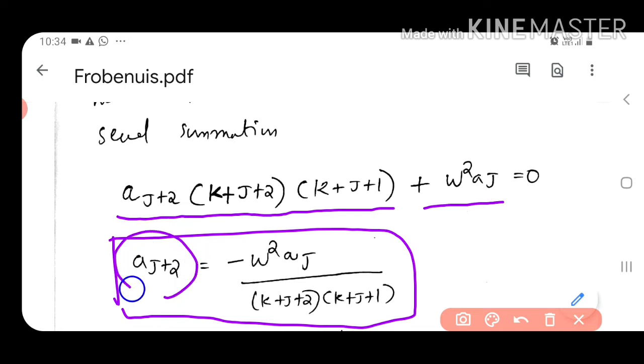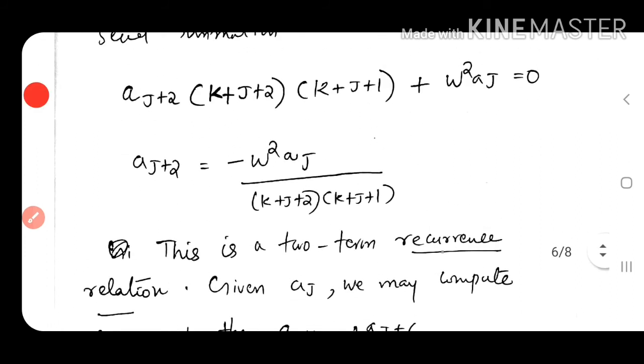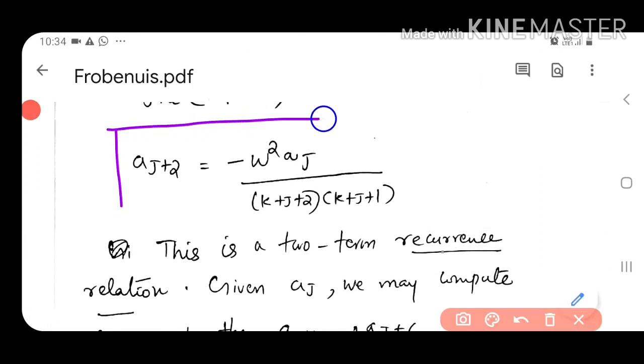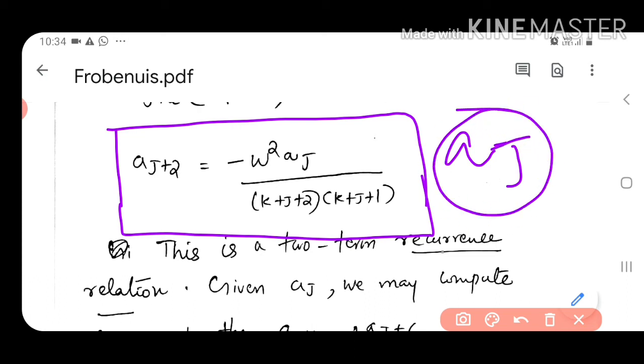So what we obtain here is the recurrence relation. Why do we say this is a recurrence relation? If we know aj, from aj I can obtain aj plus 2.